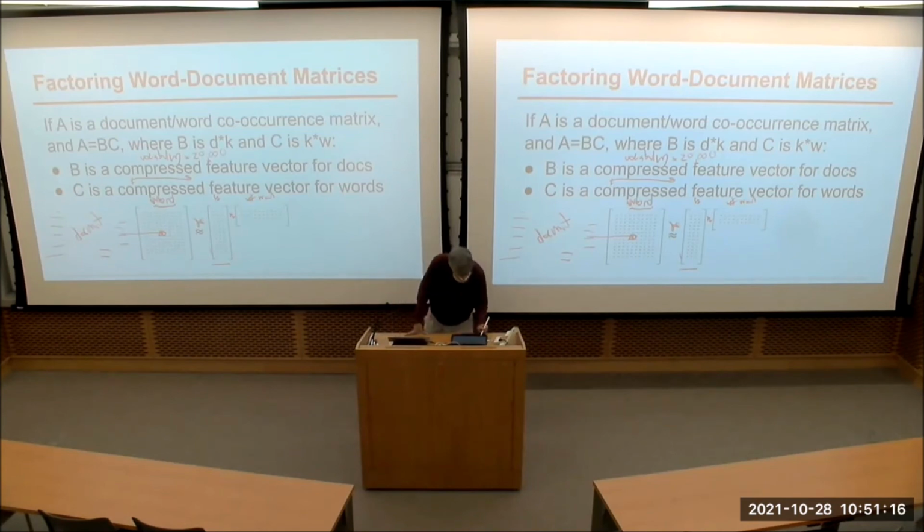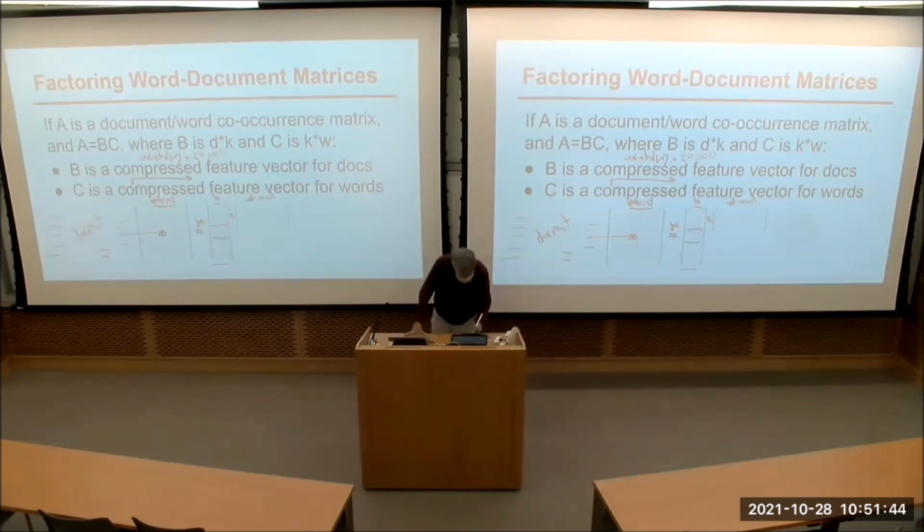Now, instead of having a document by entire vocabulary matrix, we have a document by some relatively small value of k. Does everybody see that every document still gets a row? Okay? Comparing these short vectors should tell us a lot about whether the two documents are the same.